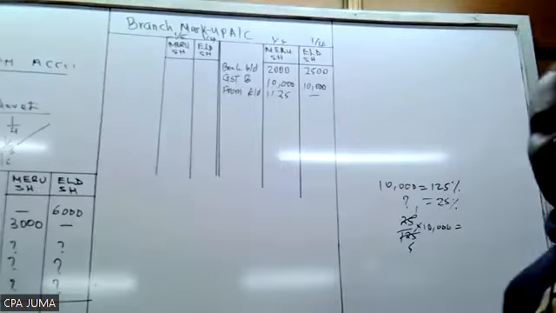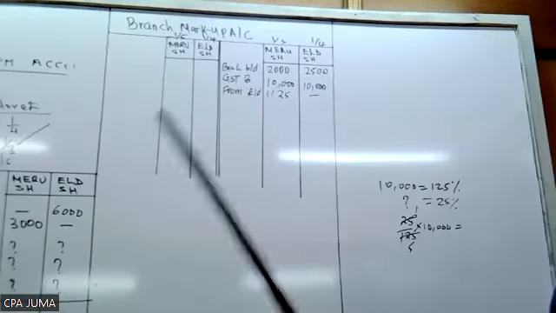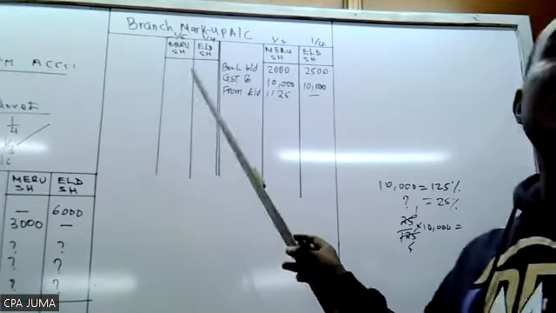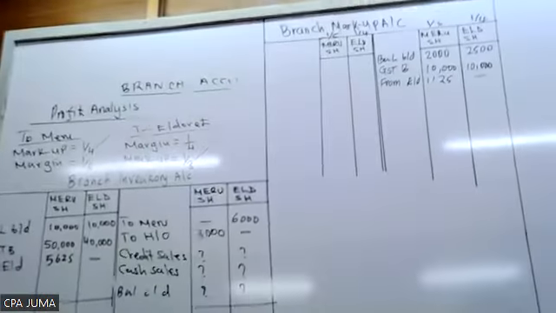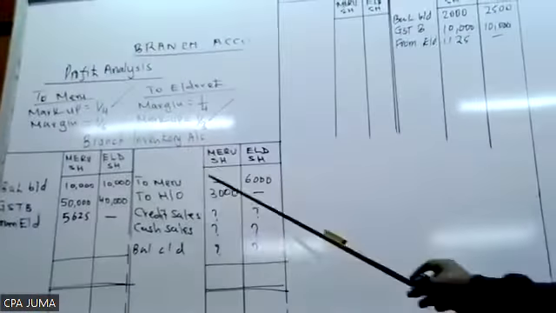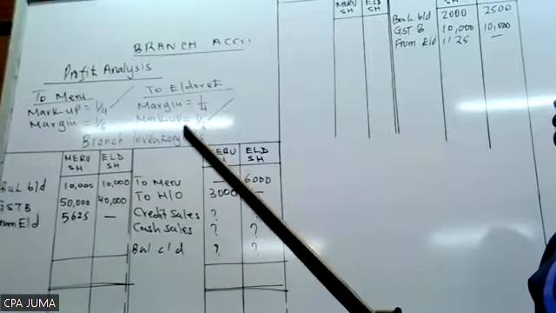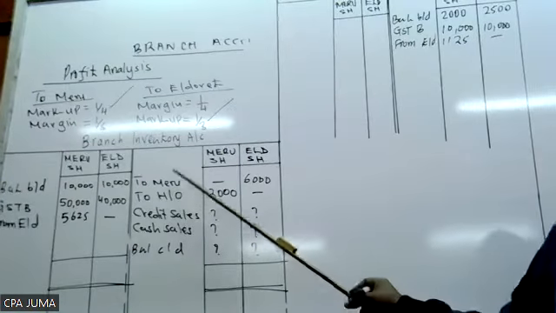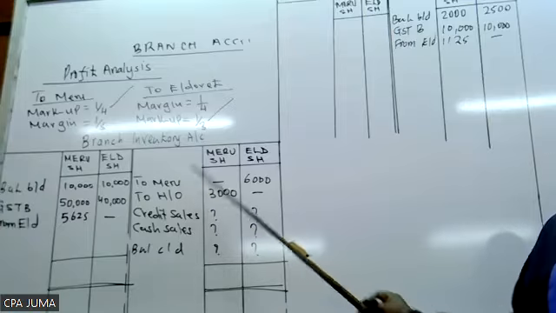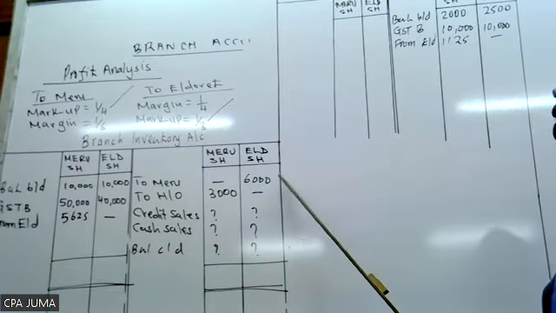On the debit side, I hope you are following keenly. The debit side records the unrealized profits, against the credit of this side. For example, we cannot tell Eldoret to give us a profit, hence their goods they have transferred to Meru, that one you will remove.